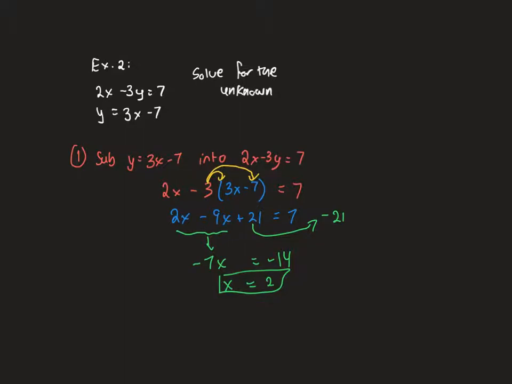Then you can just take that and plug it into either equation. I would plug it into this one because it's easier. So y is equal to 3 times 2 minus 7, 6 minus 7, which is negative 1.